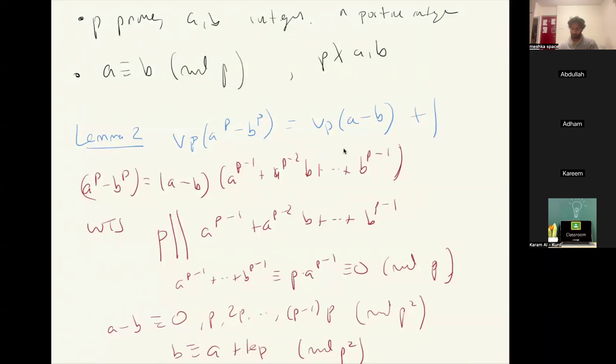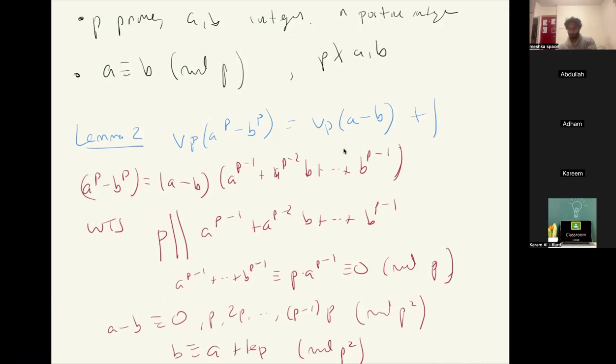I think I have a simpler way of doing this. Okay, explain. We can just write it out as a to the power of p to the power of whatever is left. So instead of just taking a minus b, we can take a to the power of p minus b to the power of p.